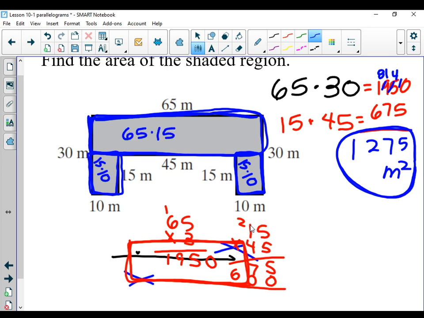What would I do after I found each piece? I heard half subtracting and half adding. Because I'm kind of stacking, picture Legos. You stack this one, plus this one, plus this one. Guess what I would get? 1,275. Same number. Which strategy is better? They're both fine. Both good.